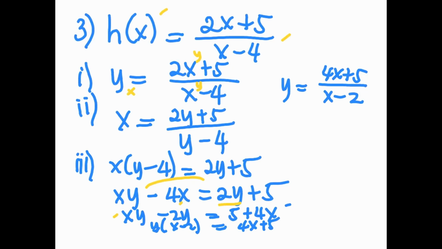And this is now the expression for the inverse function. H inverse of x is 4x plus 5 all over x minus 2. Clear?